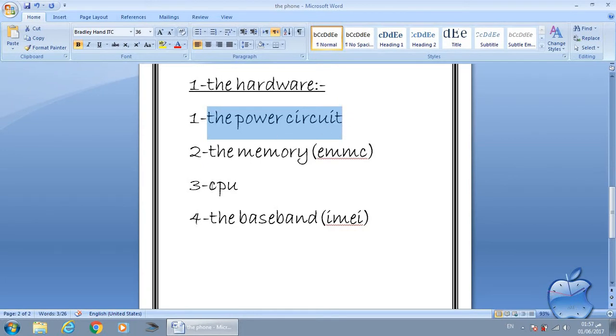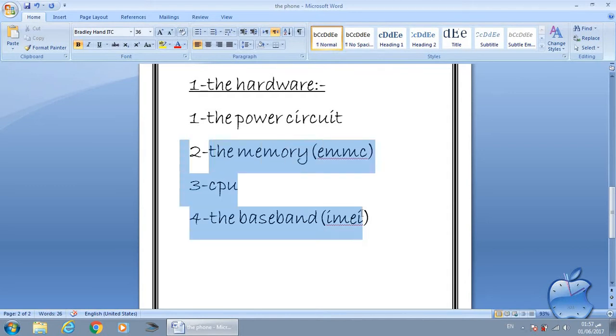But if there is a problem in the memory chip, then you have to change the memory, the CPU, and the baseband, which is something that can't be solved. I mean, if you have a problem in the memory, are you going to change all these three? If there's a problem in any of these three, you can say the phone is not going to work.